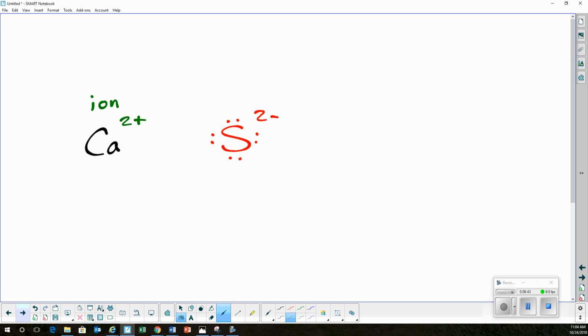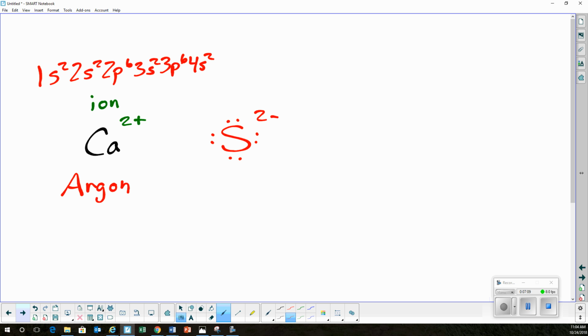If I lose 2, then I go back to, so from 20 I go 19, 18. So it should be argon. So it is like argon. Now, originally its electron configuration was 1s2, 2s2, 2p6, 3s2, 3p6, 4s2, right?